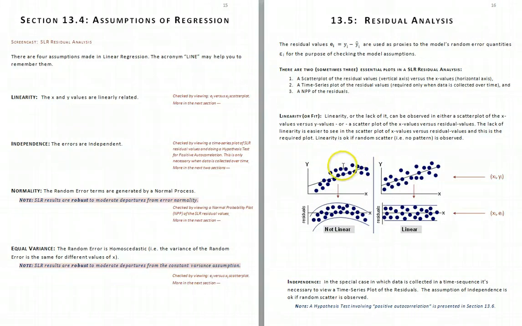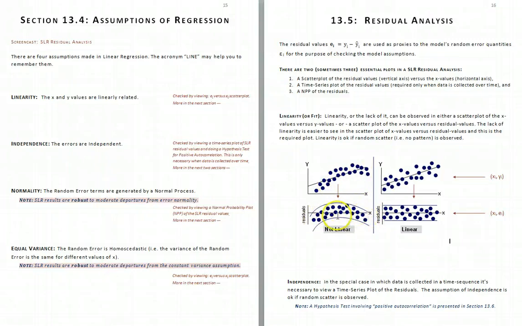The plot on the upper left is a plot of the y data values versus the x data values. The plot on the lower left is a plot of the regression residual values versus the data x values. We can see curvature in both plots.